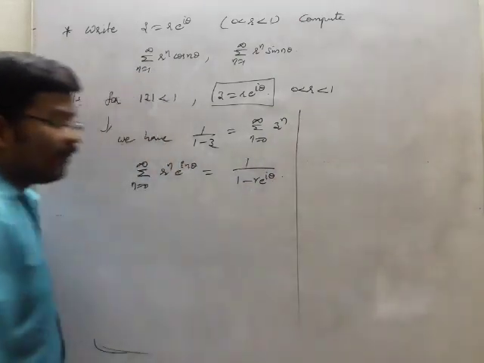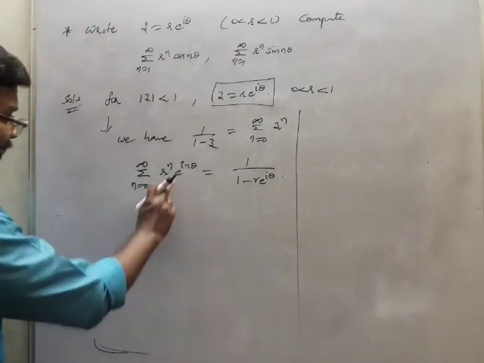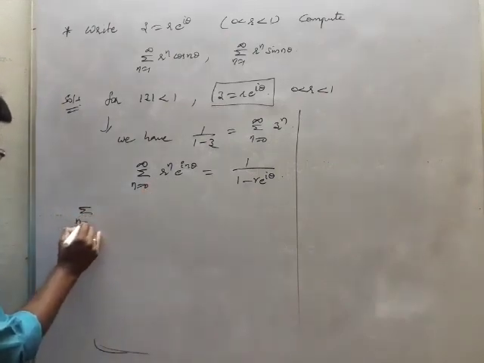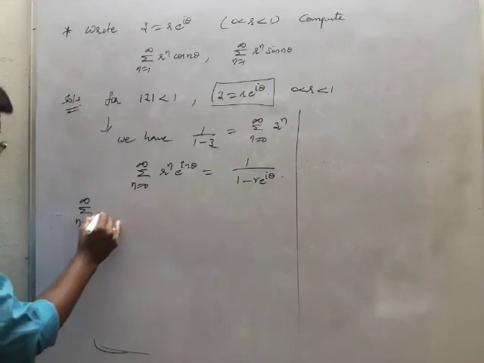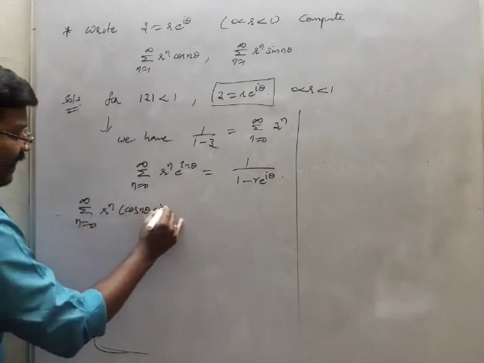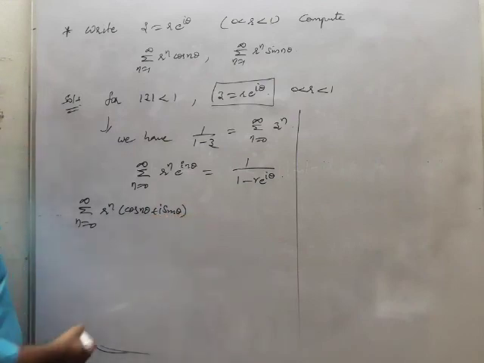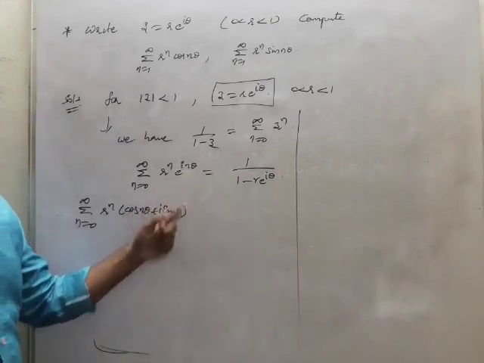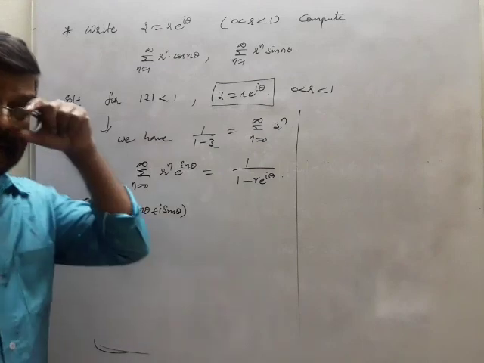I have simply written what z is. This I will write as the summation n equal to 0 to infinity of r^n (cos nθ + i sin nθ). This is the formula of the e^(iθ) form: e^(iθ) is nothing but cos θ + i sin θ.